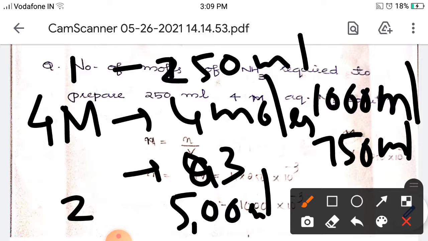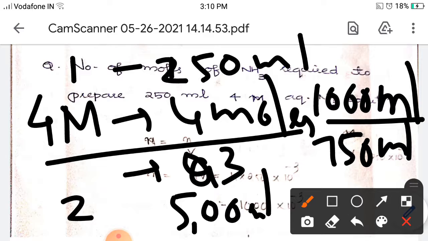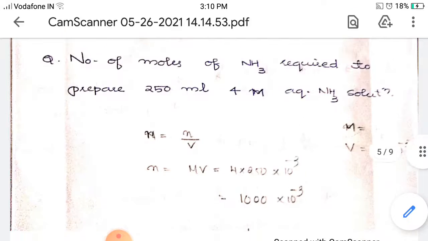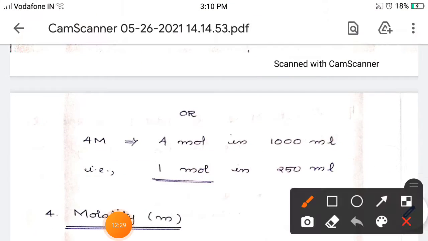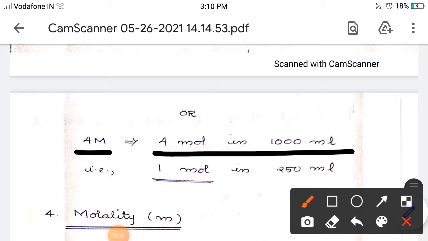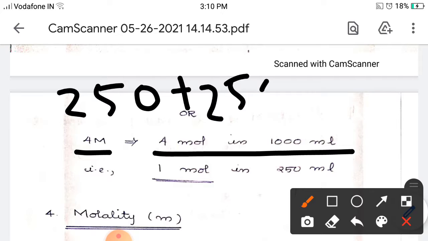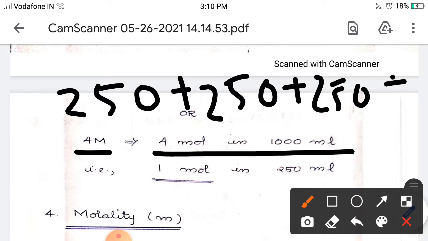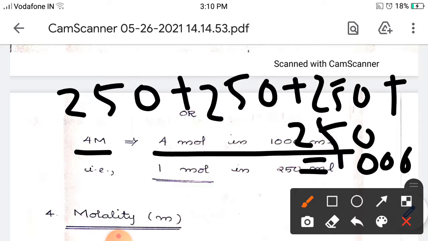In 1 liter of a solution, and 1 liter means 1000 milliliter. So 4M means 4 mole is present in 1000 ml. By the conceptual method we are calculating like this: 250 plus 250 plus 250 plus 250 equal to 1000.